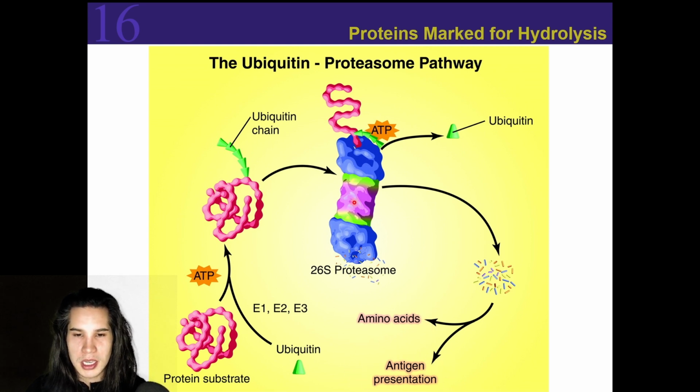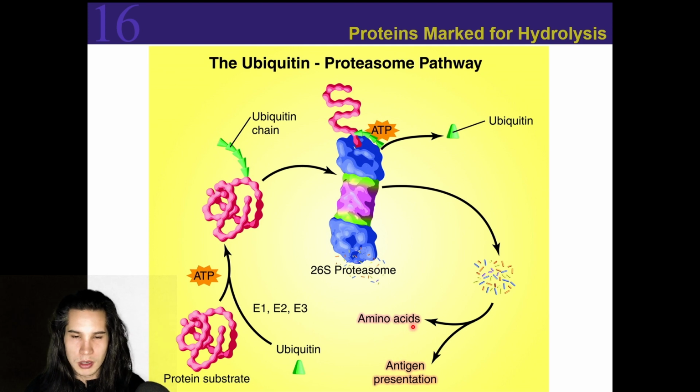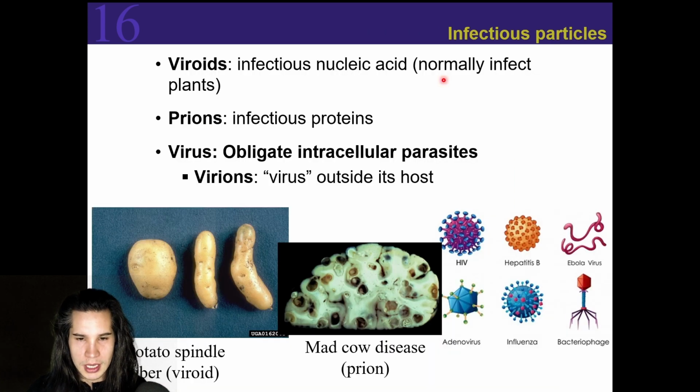This could be involved in our immune system: if we have invaders of a specific type, we might break down the proteins associated with that organism and then present them to our immune cells. Also, we could simply break down the protein entirely, collect the amino acids, and recycle them. So that's the ubiquitin proteasome pathway, which is breaking down proteins.